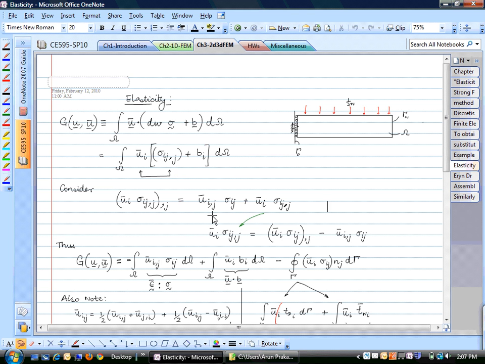So then what we'll do is just use our product rule, or integration by parts. And integration by parts for the elasticity problem is a little bit different than the heat conduction problem, but let's take a look at this. So let's say we are going to consider this quantity ui bar times sigma ij, and there should not be a comma j inside. So make that correction.